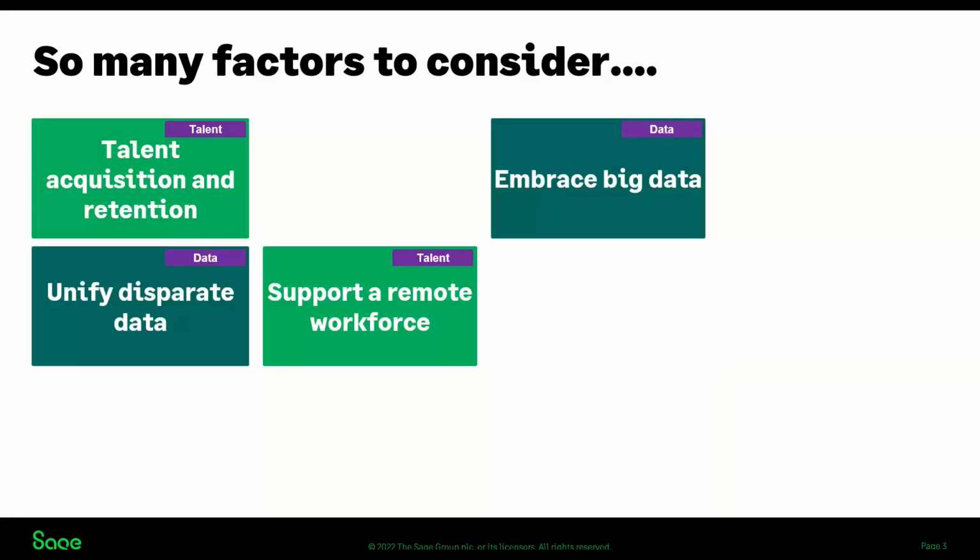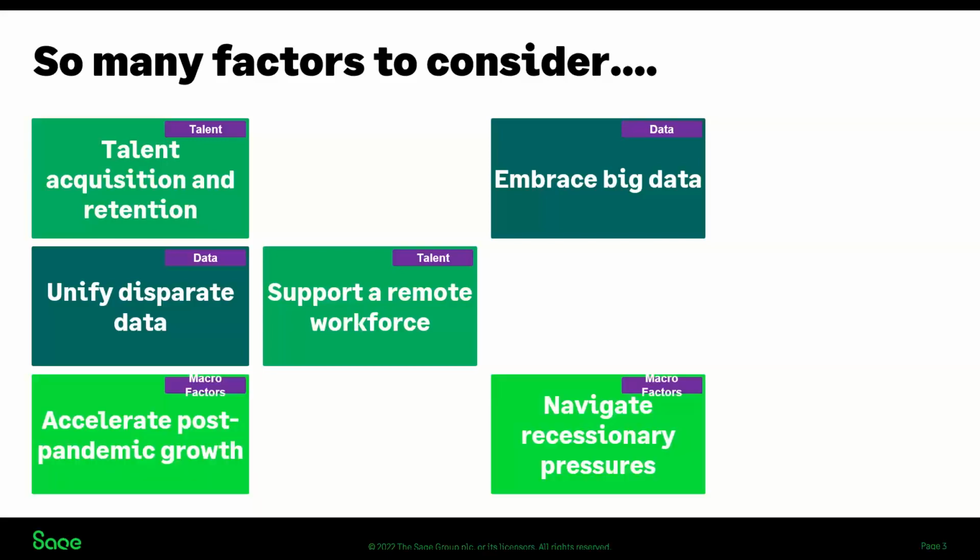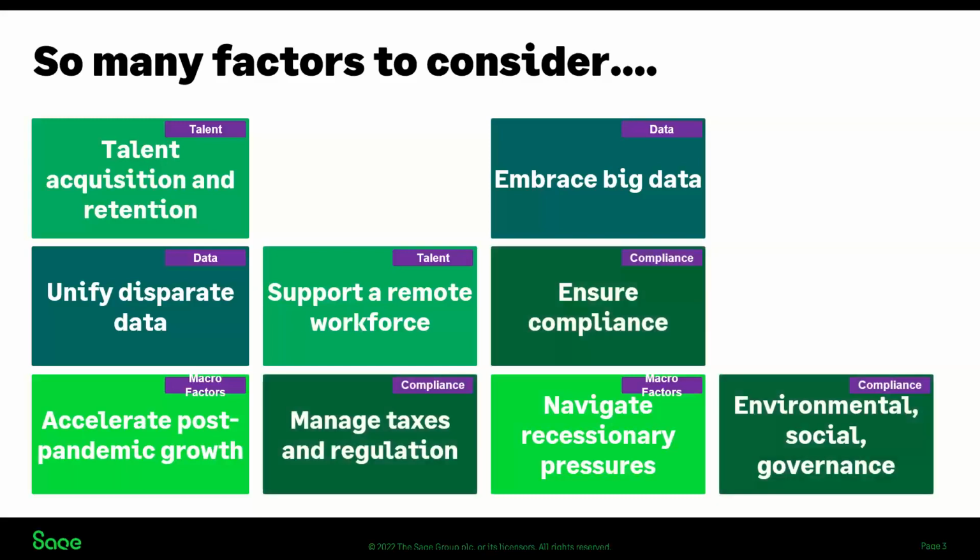Then we have data: how to have unified data, how to have all the information from clients in one place, embrace big data, macroeconomic factors that we need to take into account, and compliance factors. ESG, for example, is getting more and more noticeable, and people are taking more focus on it.